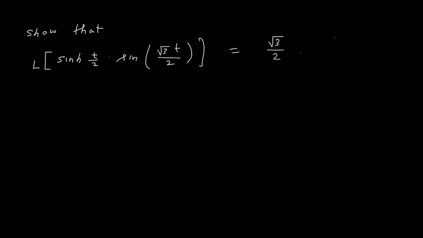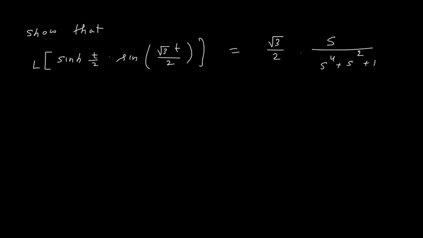You can try these problems yourself. Show that Laplace of sine hyperbolic t by 2 into sin root 3 t by 2 is equal to root 3 divided by 2 into s upon s power 4 plus s square plus 1.